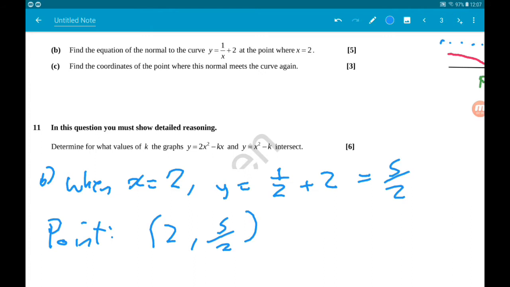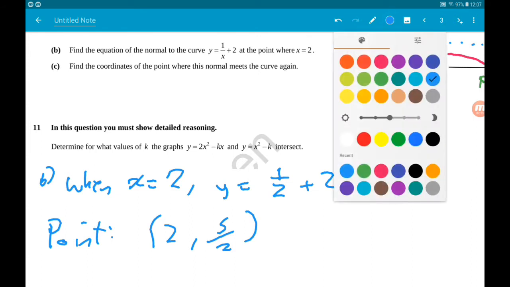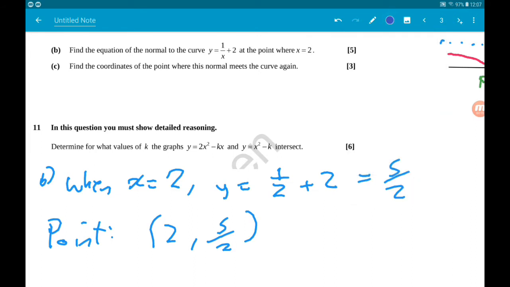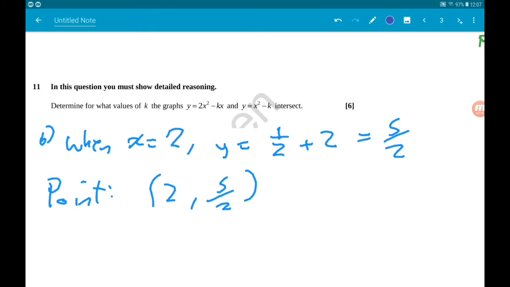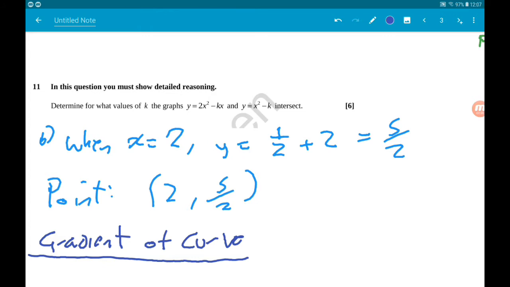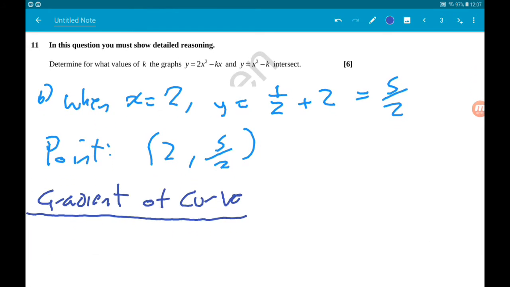So let's now find the gradient of the curve. Okay, so we know that y is 1 over x add 2, so 1 over x is x to the minus 1.